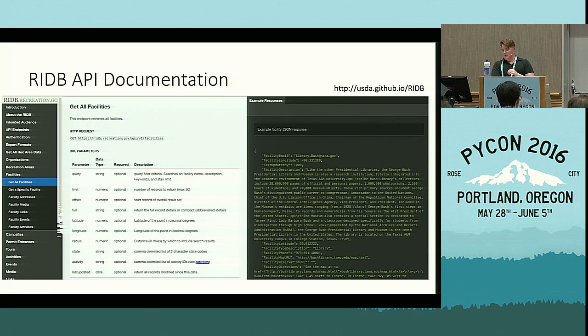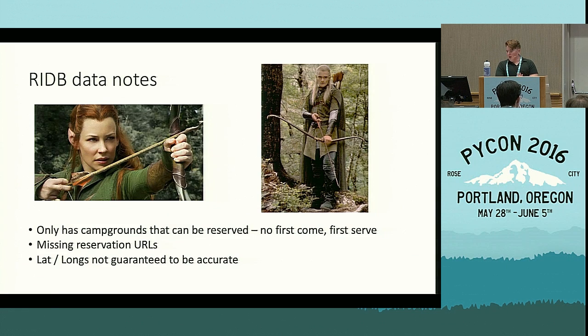You can get camping, hiking information. You can find out about specific campsites. You can even find out where you can go into a park. So it's a very rich API, well documented. It has a very responsive team on GitHub that will respond to issues. So this is kind of like the Cadillac. I compare it to the elves because they're super sleek and really efficient and elegant, like this API.